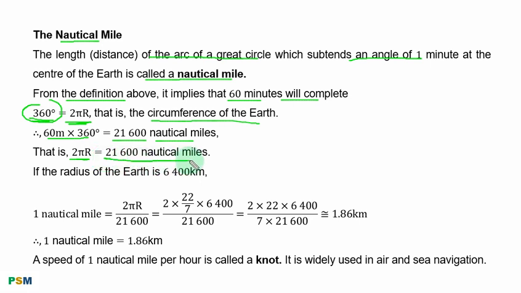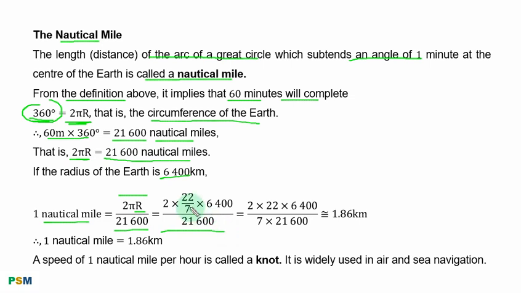21,600 nautical miles. If the radius of the earth is 6,400 kilometers, 1 nautical mile is equal to the circumference of the earth divided by 21,600. If you replace pi with 22/7 and the radius of the earth with 6,400 kilometers, you have this result.